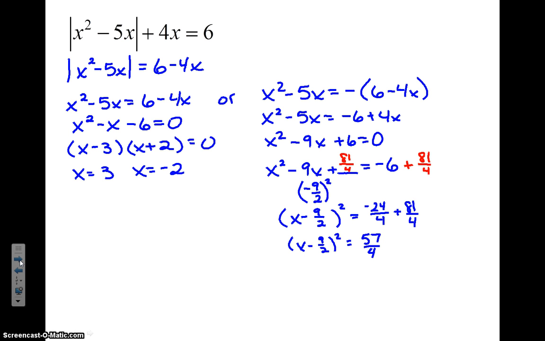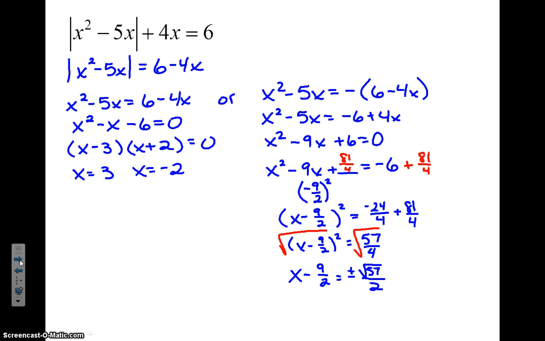At this point, I'm ready to take the square root of both sides. So on the left side, I have x minus 9 halves equals plus or minus. Here, I do have a perfect square of 4, so I'm going to write this as the square root of 57 over 2.